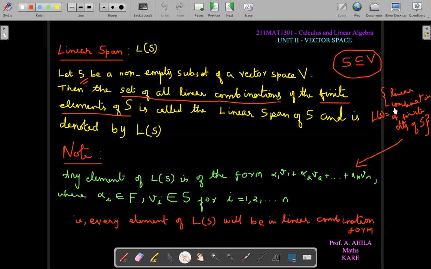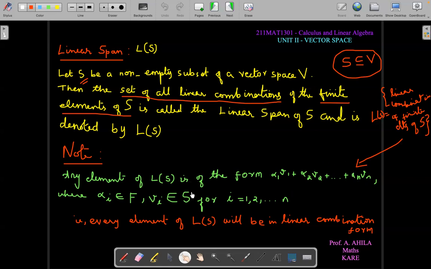So this linear span will contain each element in the linear combination form. Okay. So the vectors considered in that linear combination will be the finite elements of this subset of V. Yes. That is, any element of L of S is of the form alpha 1 v1 plus alpha 2 v2 plus etc. alpha n vn.